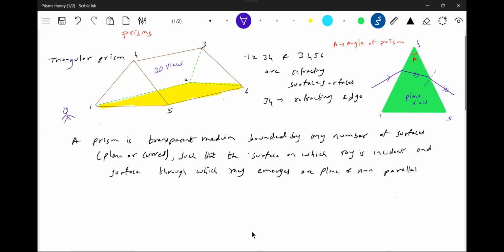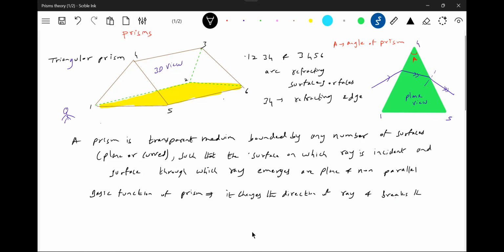The basic function of a prism: it changes the direction of a ray and breaks the chromatic light into its constituents. This is called dispersion.